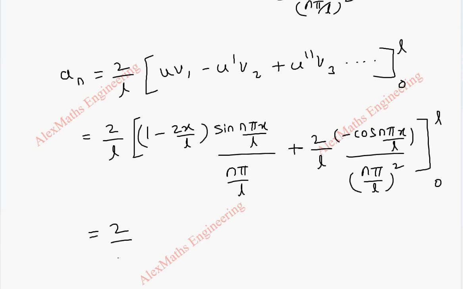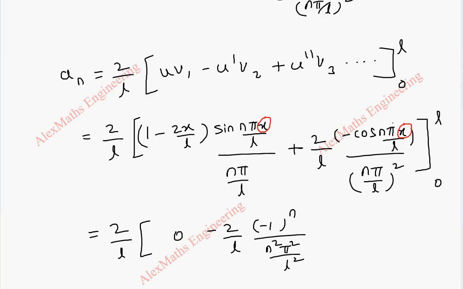Now when I put the upper limit here, we get sin n pi after cancelling L and L, so it is entirely 0. When I put the upper limit here, cos n pi is minus 1 whole power n. So we have minus 2 by L, then minus 1 whole power n by n square pi square by L square. I have taken 2 by L in the denominator.